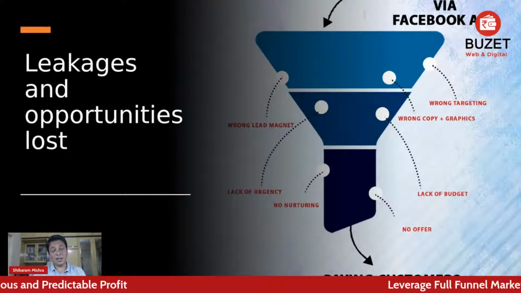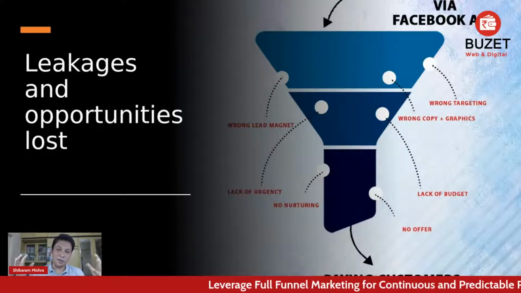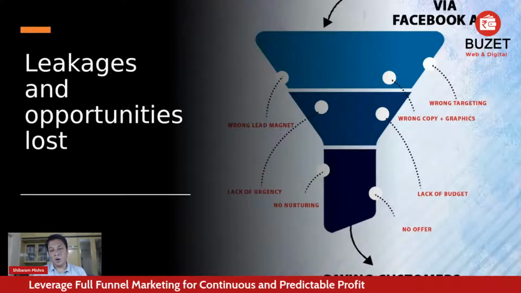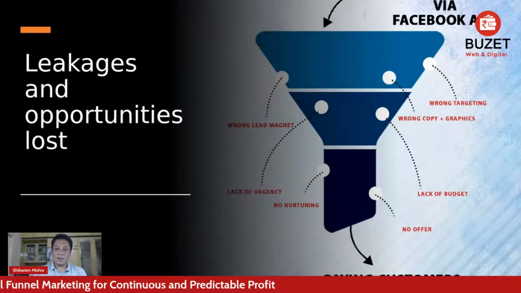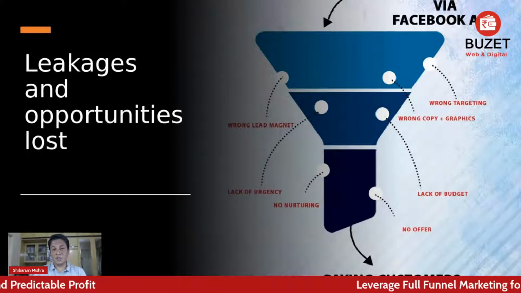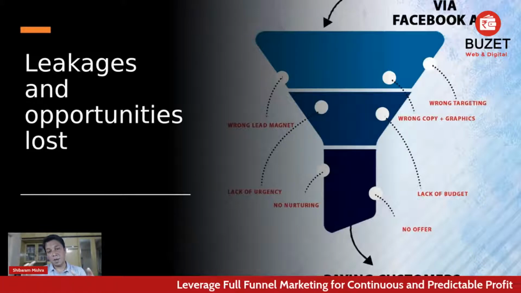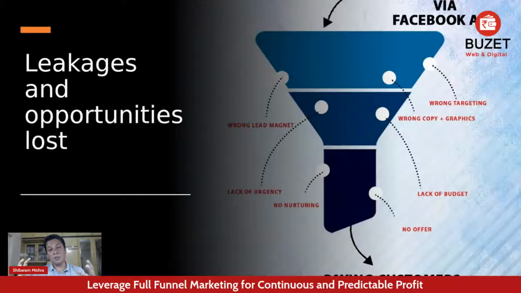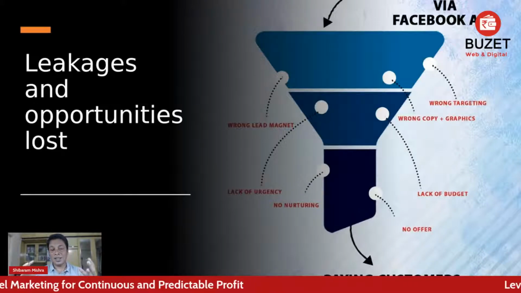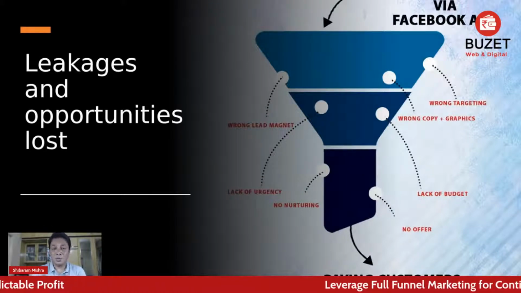Okay, before that, let us go to this. What are the leakages? Leakages happen at different levels, in different types, different forms. If I'm doing wrong targeting, my ads or my content is distributed to a wrong person. If I'm not able to present my product or service in a proper manner, by writing a wrong ad copy or showing wrong graphics, even if I target the right audience, that person is not getting convinced to proceed further.